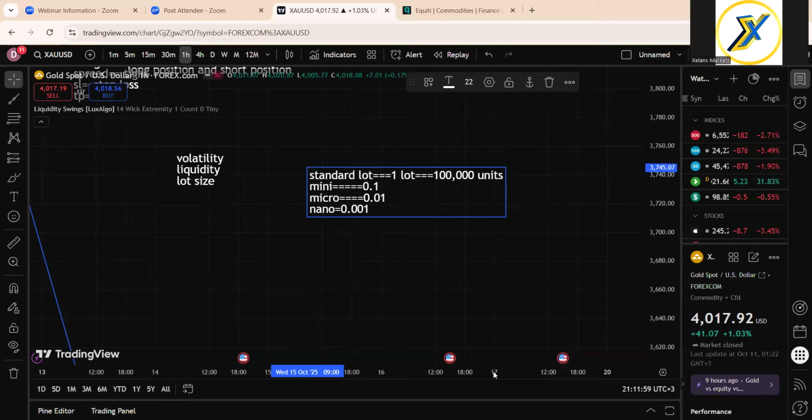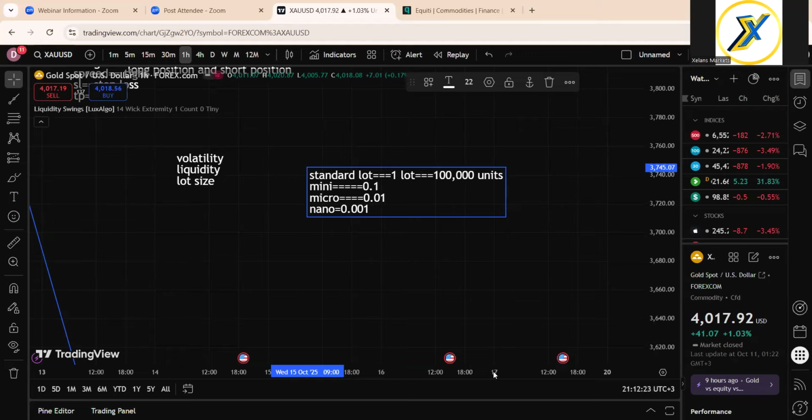So when we're talking about one lot, it means that for Euro USD, for example, when Euro USD moves 1 pip your direction, let's say you're using a standard lot of 1, you are literally making $10.